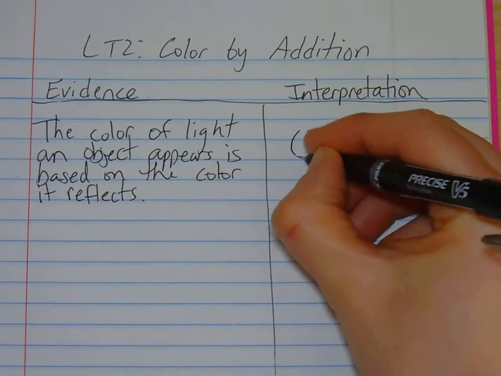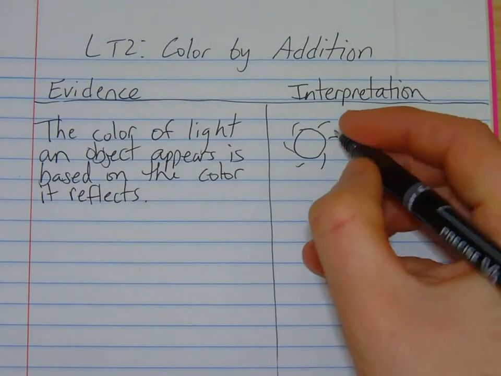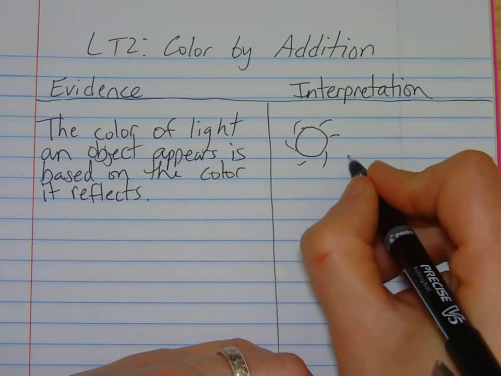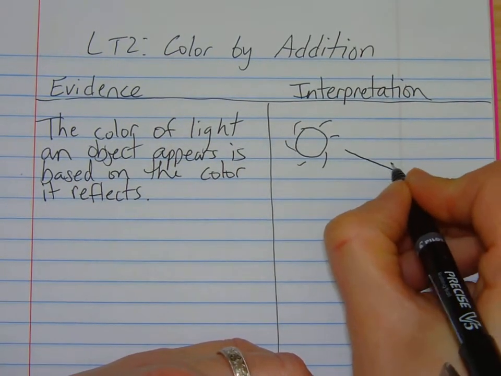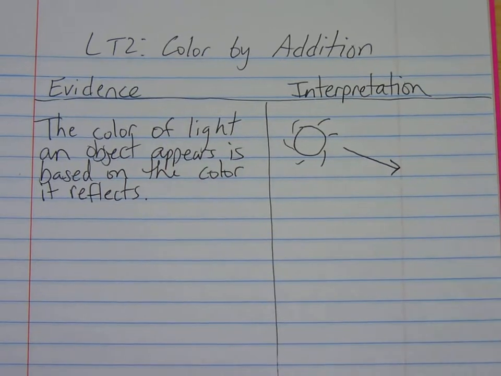We only see the color that gets reflected. Because what we should know by now in our science careers, this is the sun, we know that ROY G. BIV, every color of the rainbow, is coming down into Earth's atmosphere. So it's coming through a window right now into this room, for example.